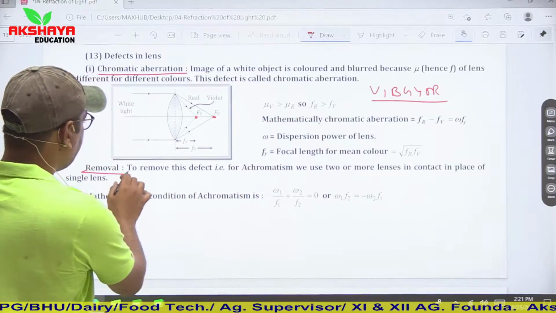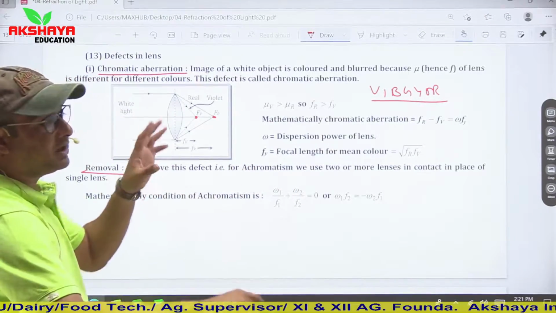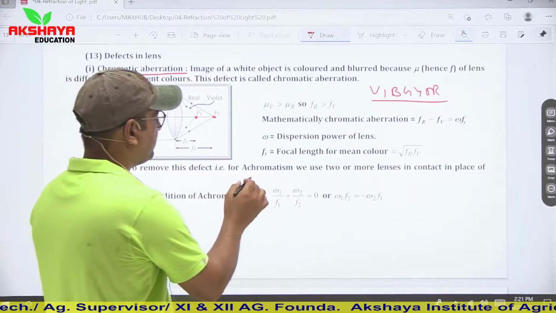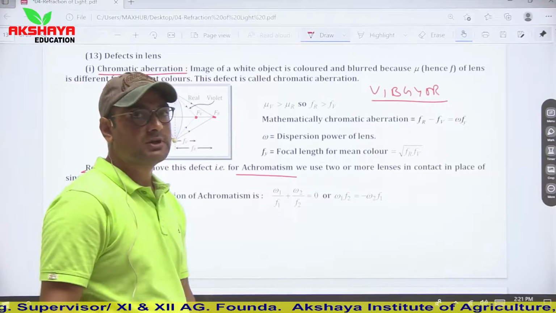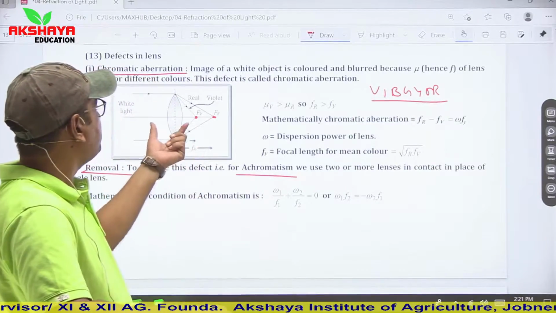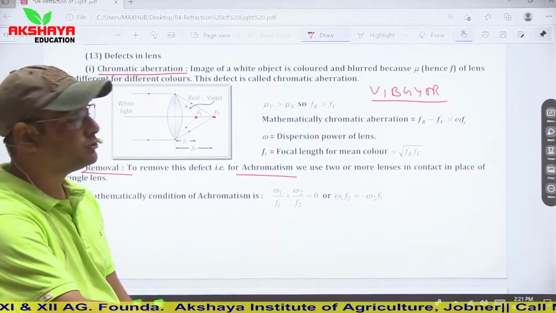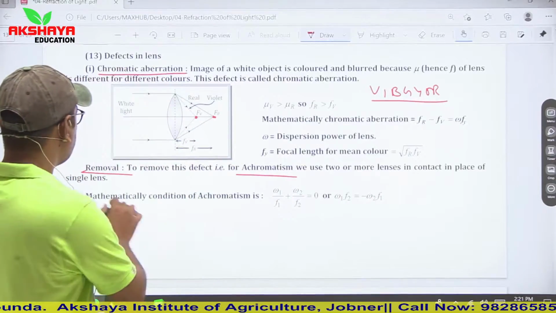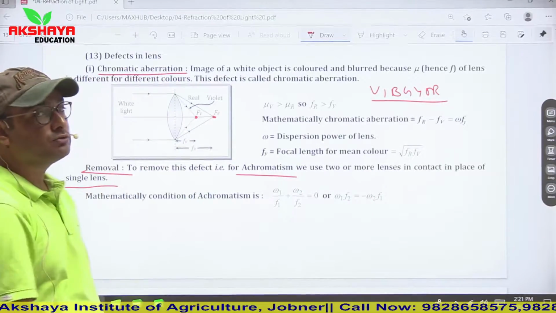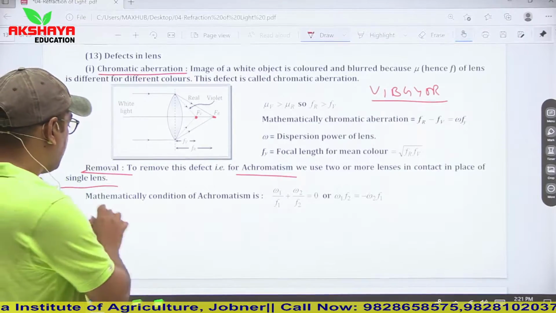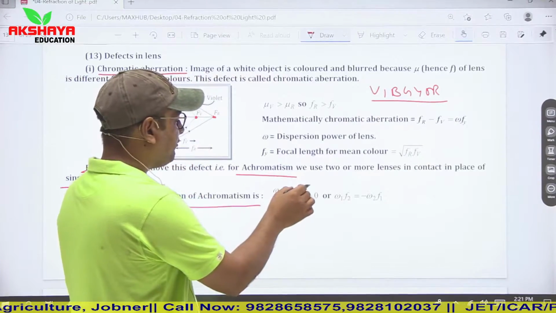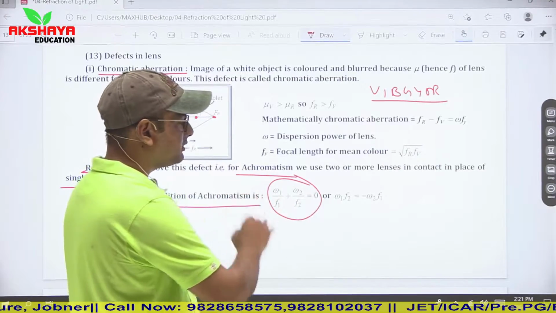Now see how it can be removed. Removal of chromatic aberration is known as achromatism. To remove this chromatic aberration, we simply use two or more lenses in contact in place of a single lens. Mathematically, the condition for achromatism is omega 1 upon f1 plus omega 2 upon f2 is equal to 0.